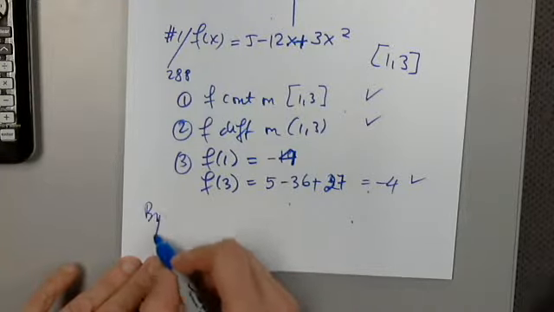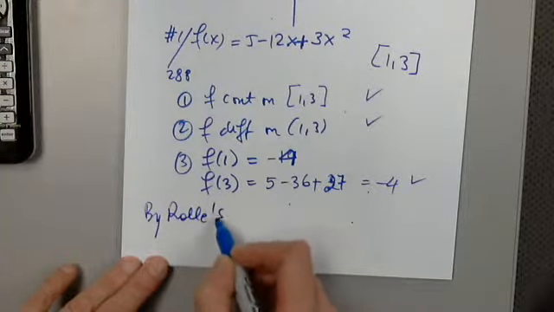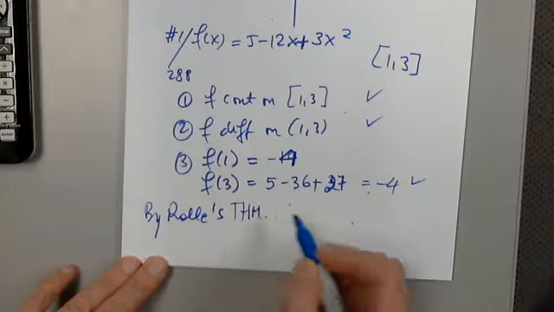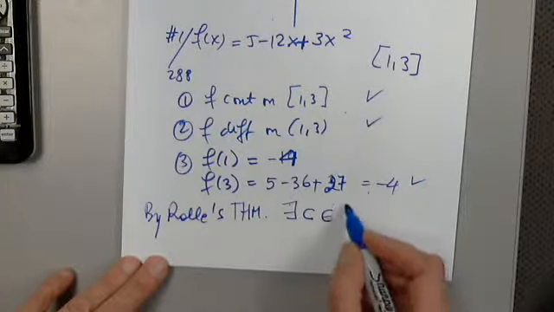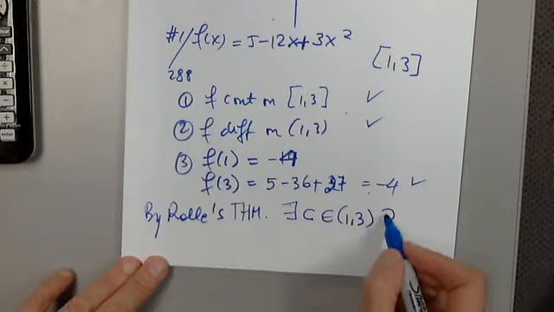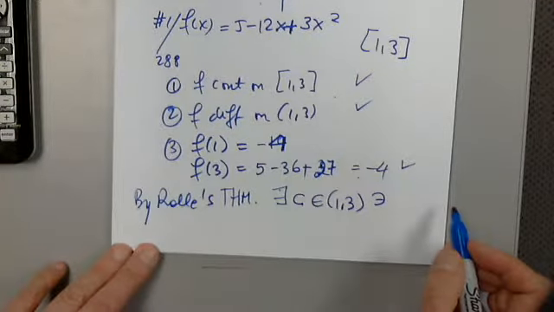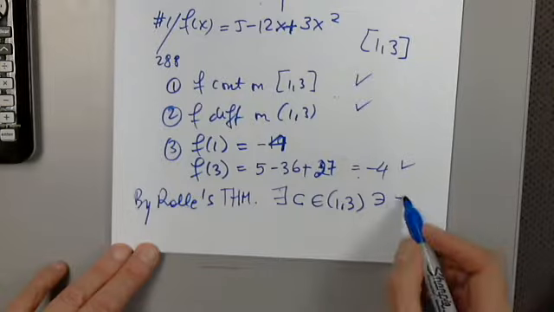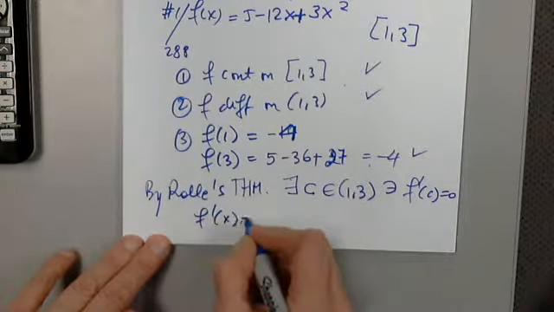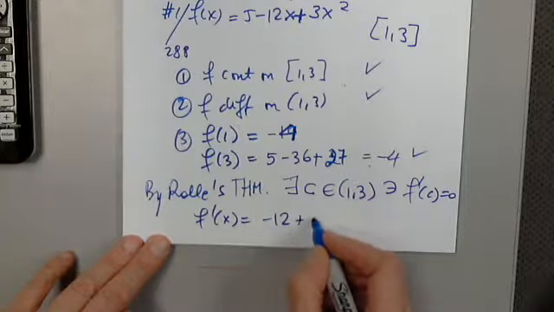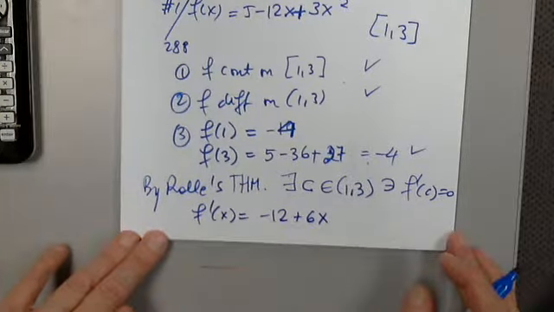And I will say by Rolle's theorem, there exists a number c in the open interval (1, 3) such that f prime of c equals 0. So I have to find f prime of x, which is negative 12 plus 6x.